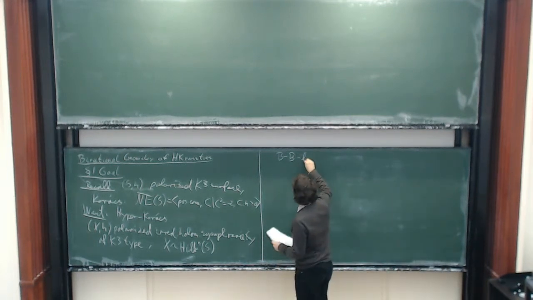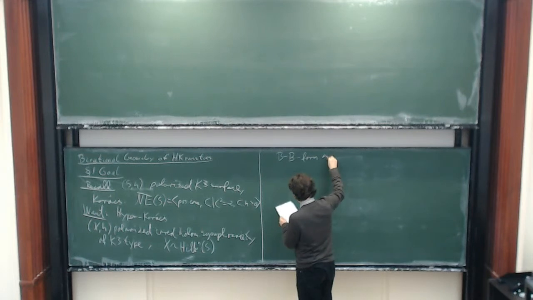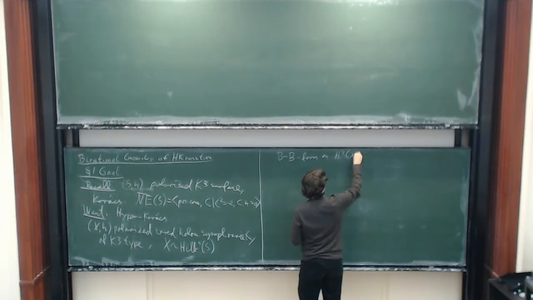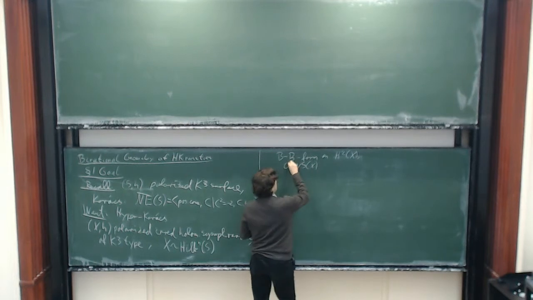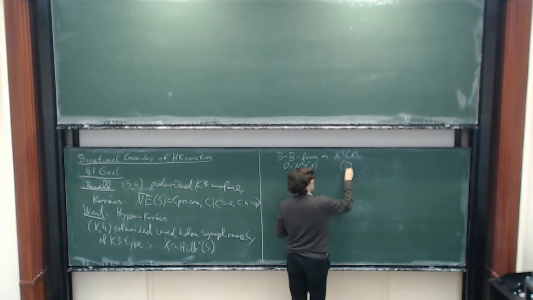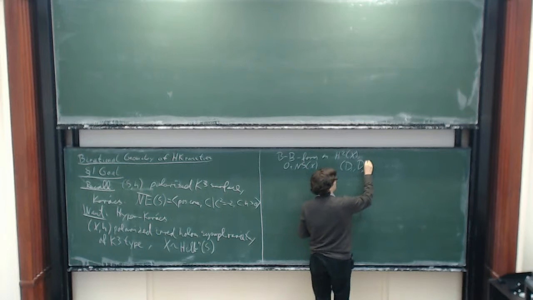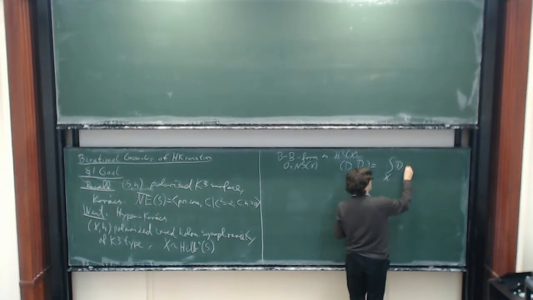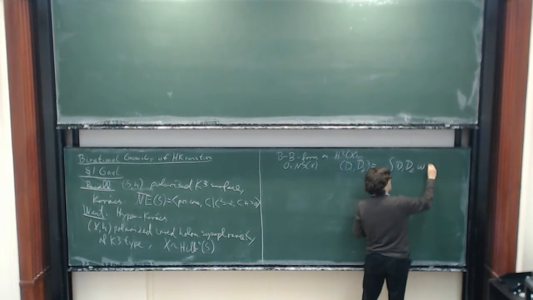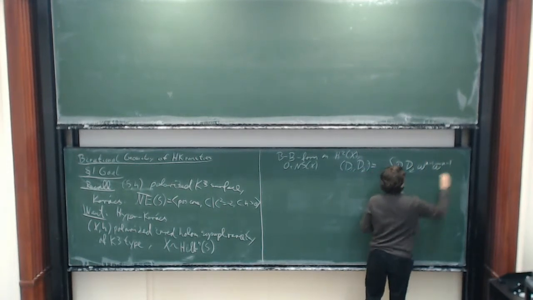So of course we have this Beauville-Bogomolov form on H^2 of X, and on the Néron-Severi group it's given by the pairing of two divisors: the integral over X of d1 times d2 times the symplectic form to the n-1 times the complex conjugate.